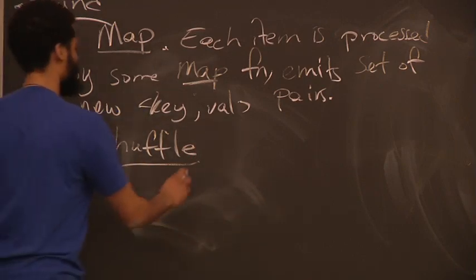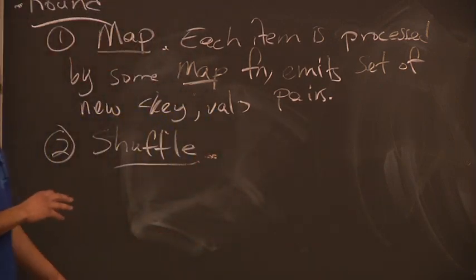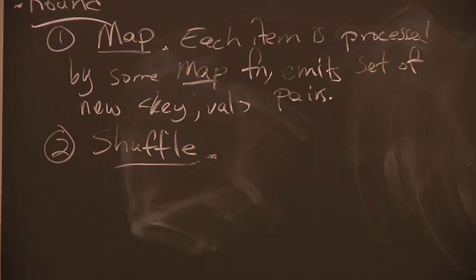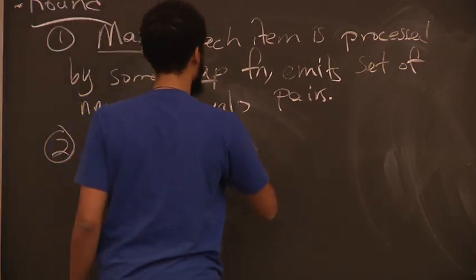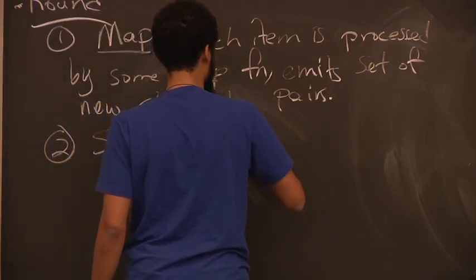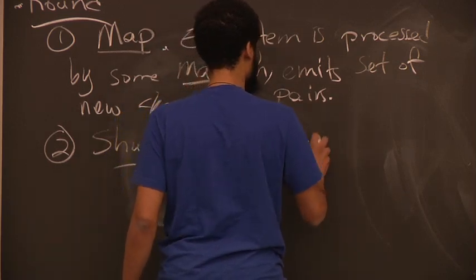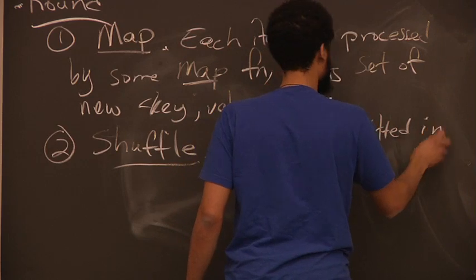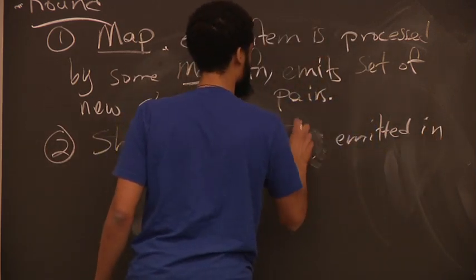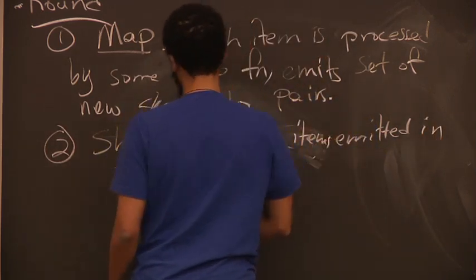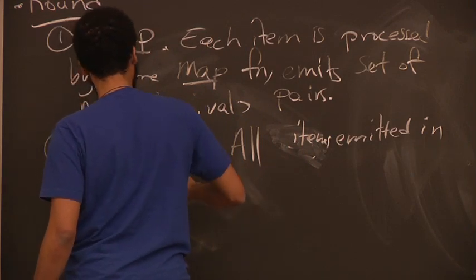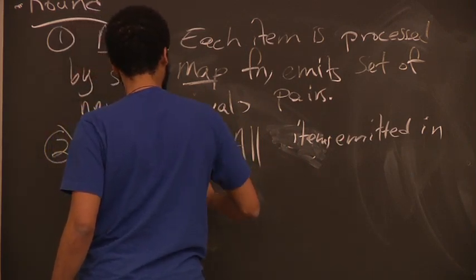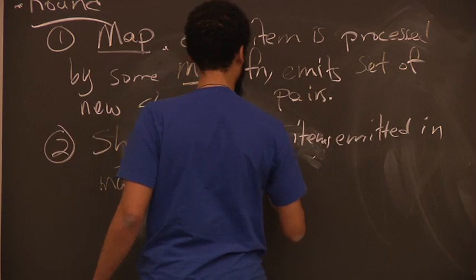Then there's 2. The shuffle phase. What this does is oblivious to the programmer. This just happens internally in MapReduce. All items emitted in the map phase are grouped by key.